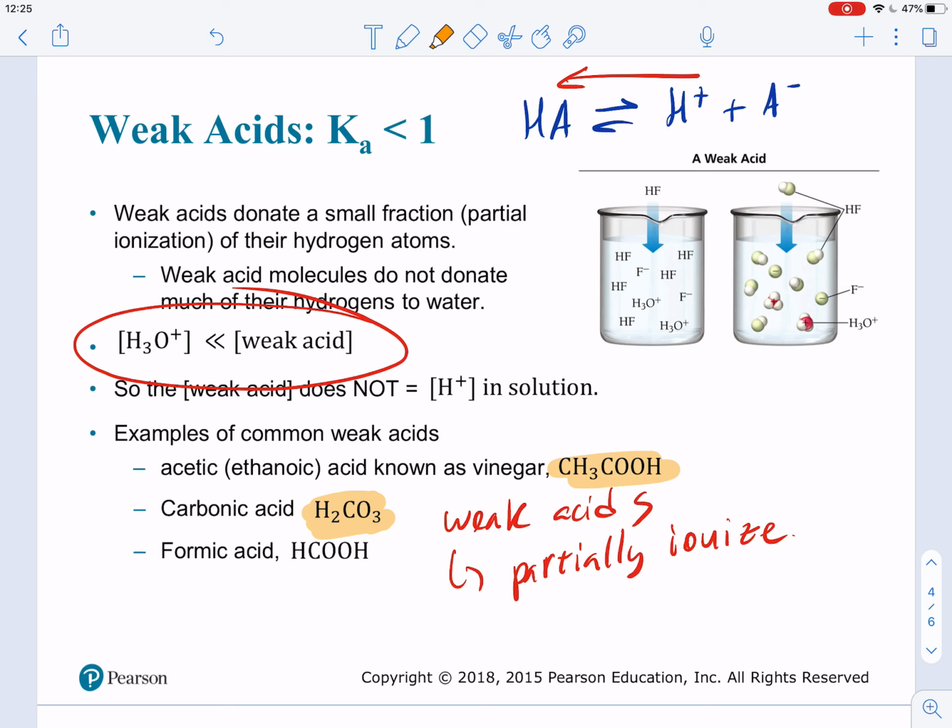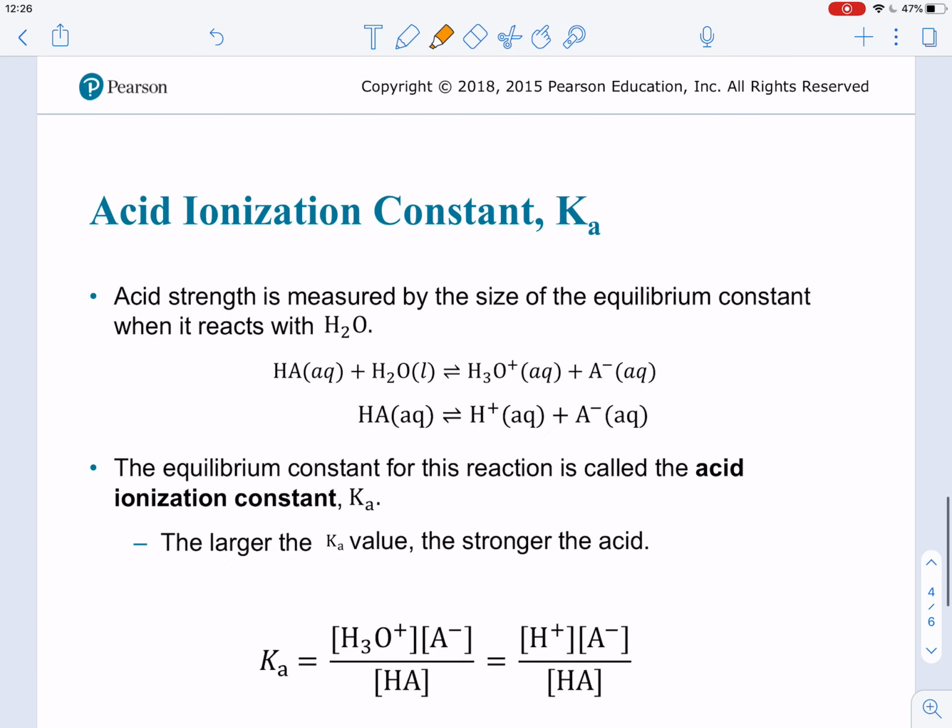And less common, formic acid, which is usually used for preserving techniques. The point is, the concentration of protons will not be the same as the concentration of the acid if the acid is weak. Okay, it's going to be the same for strong acids, but it's going to be smaller if it's a weak acid.